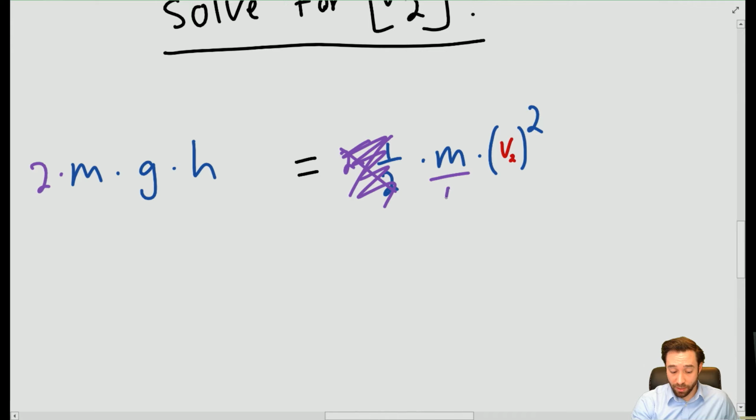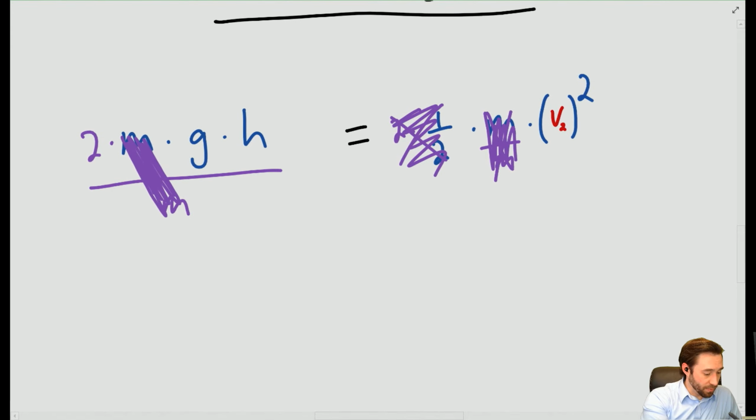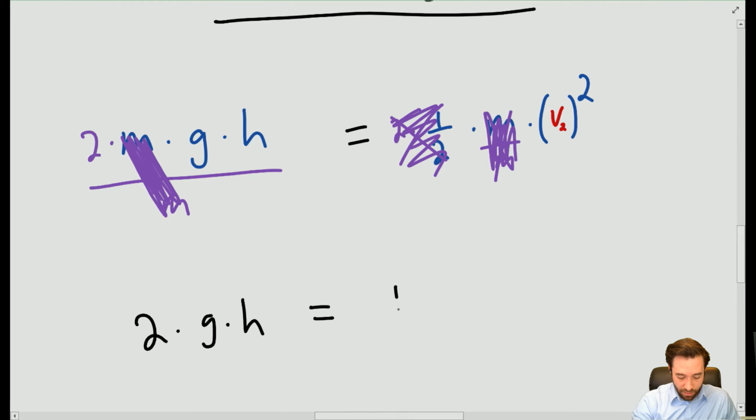I want to get rid of the m, so I divide. If I divide by m on the right side, I divide by m on the left side. The m's cancel on both sides. I'm going to clean this up a little bit. So I've got 2 times gravity times the height, and I have V2 squared.